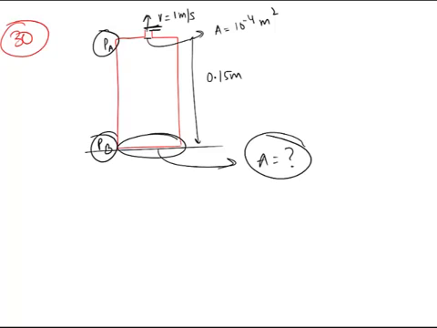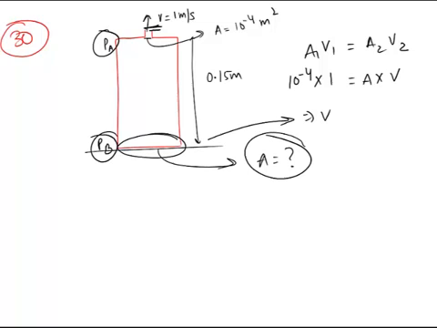Hence the first thing to apply is equation of continuity, which says A1 V1 must be equal to A2 V2. So here area is 10 to the power minus 4, velocity is 1 meter per second, here area is unknown and velocity is, let's say, V. So we can write velocity here, V is nothing but 10 to the power minus 4 over area here.